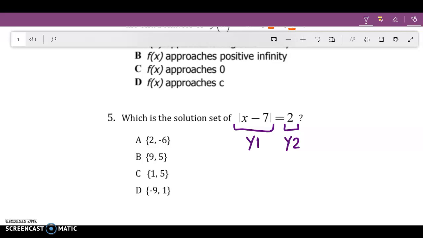So your answer choices are not listing points. It's not parentheses. They're listing the set of x values where you have intersections. So that's why we have set braces like this, not parentheses like that for answer choices. So I don't care about the y-coordinates when I find these points of intersection. I just want the 2 x values of the 2 intersections, okay?